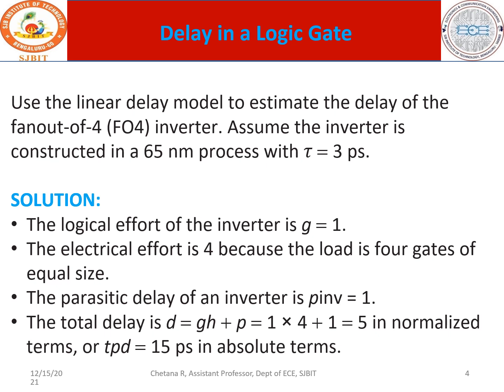So we need to find out the linear delay, or the delay in a logic gate. And the gate is nothing but a simple inverter, which is one inverter driving 4 more inverters. We all know that the logical effort of the inverter is G, which is equal to 1.